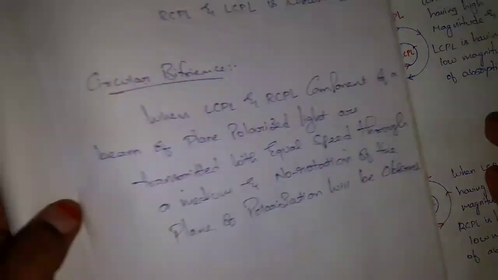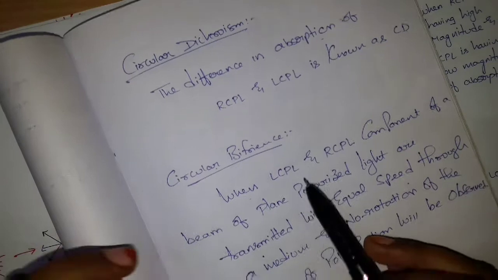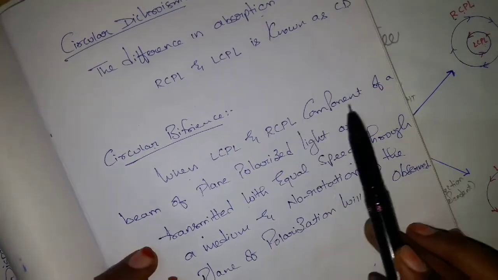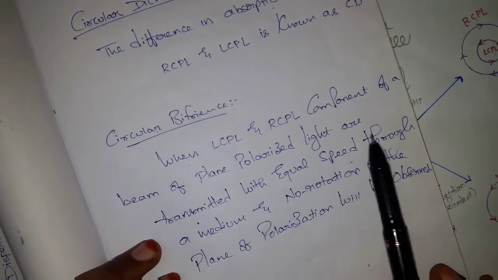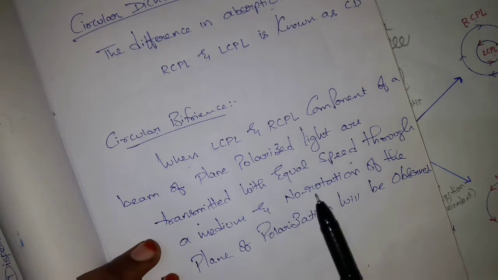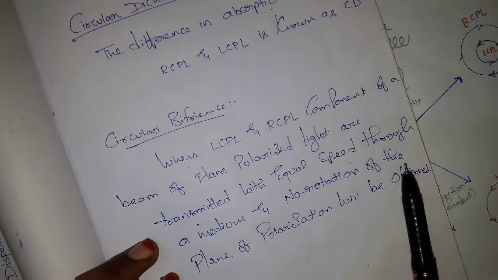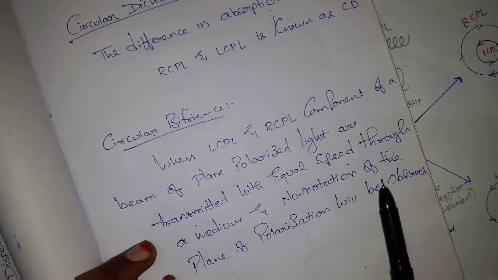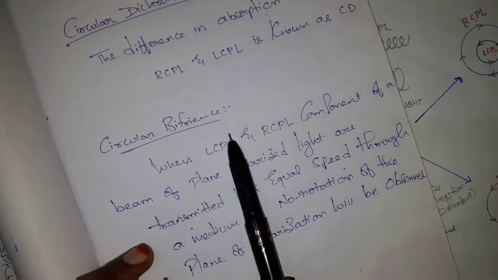And now coming to the circular birefringence topic. Circular birefringence means when the RCPL and LCPL components of a beam of plane polarized light are transmitted with equal speed without any rotation, no rotation of plane polarized light will be observed. That process is known as circular birefringence.